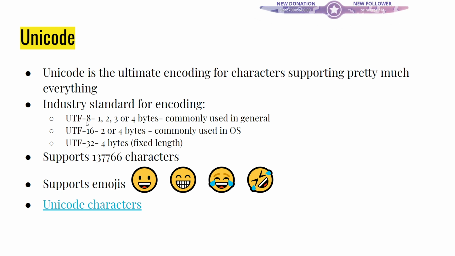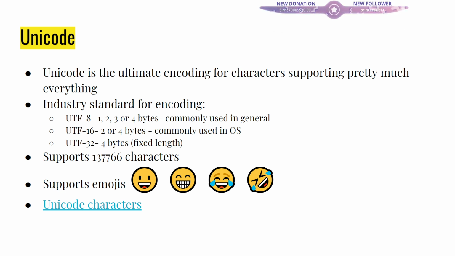As you can see, there is UTF-8, UTF-16, and UTF-32. UTF-8 takes 8 bits, but it can extend up to 32, so it's either 1, 2, or 4 bytes. UTF-16 is either 2 or 4 bytes, and UTF-32 is a fixed length, which means it's always 4 bytes.